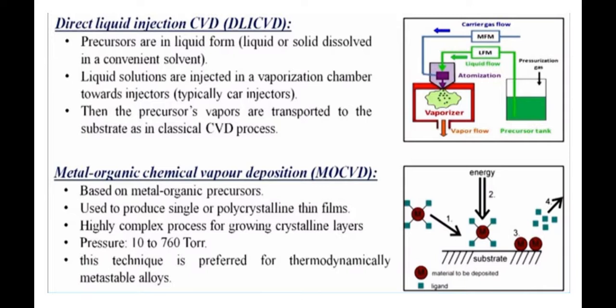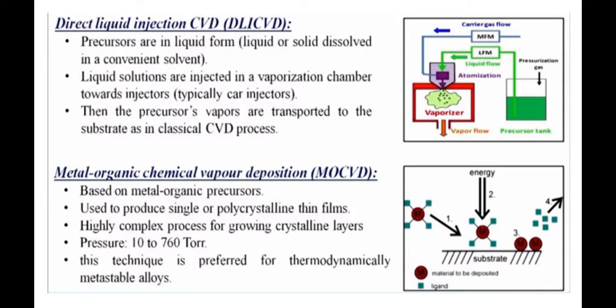Next one is called metal organic chemical vapor deposition. It is based on metal organic precursors used to produce single or polycrystalline thin films, a highly complex process for growing crystalline layers. Pressure is generally 10 to 760 torr, and this technique is preferred for thermodynamically metastable alloys. So here generally we are using a certain kind of metal precursor.